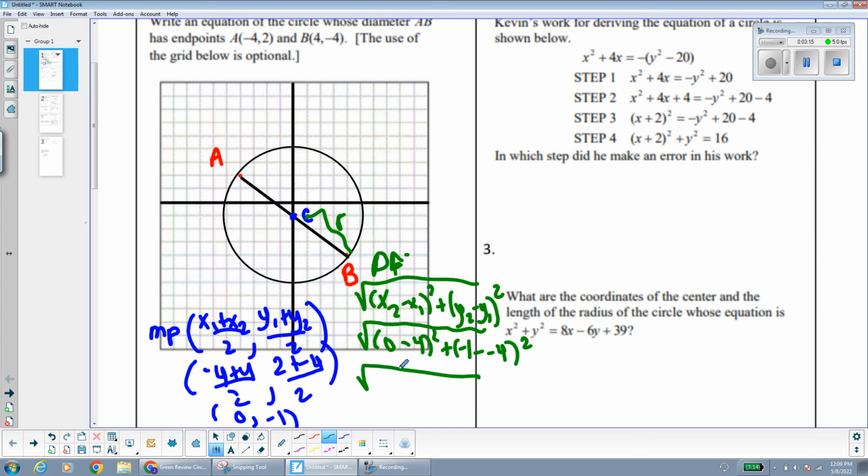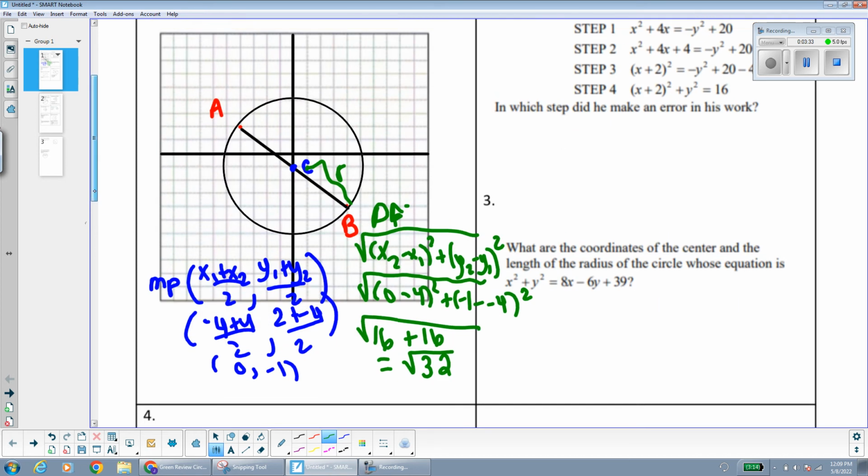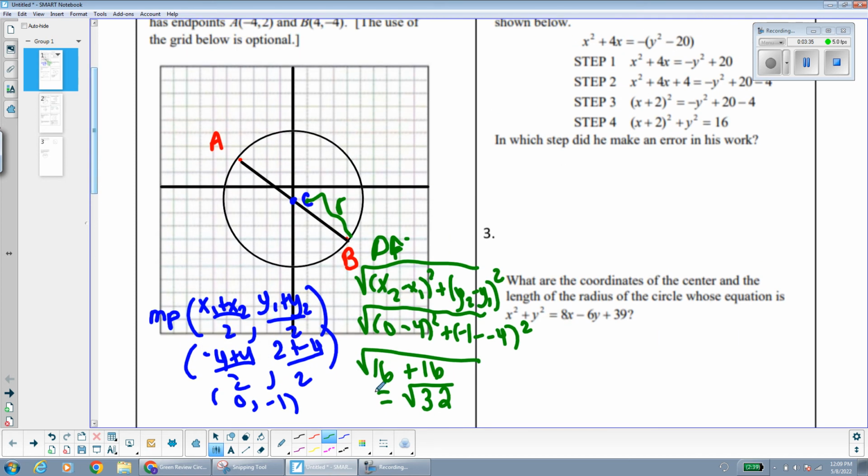So that's -4 squared, that's 16. -1 minus -4, that's -1 plus 5, so that's 4 squared is 16. So we have radical 32 as our radius. The radius is radical 32.